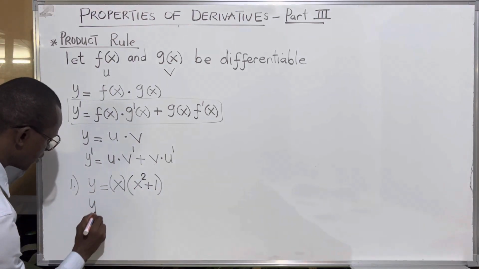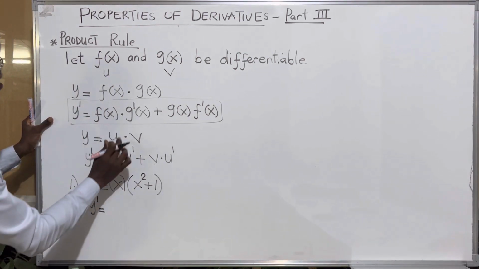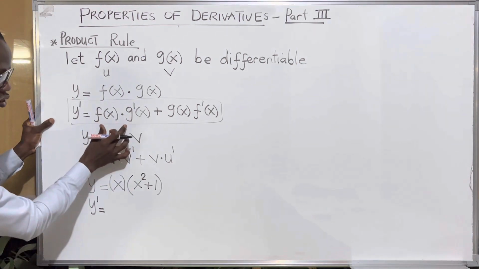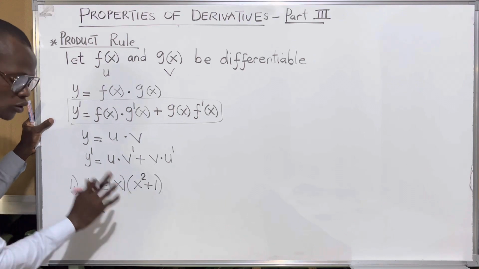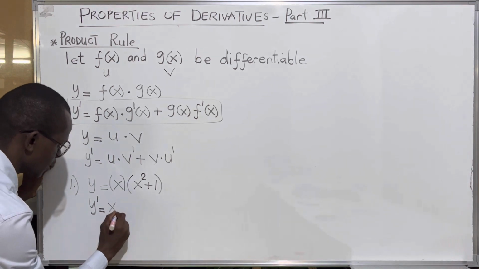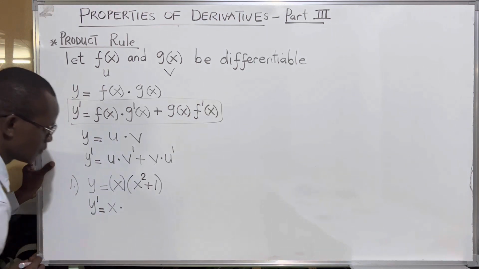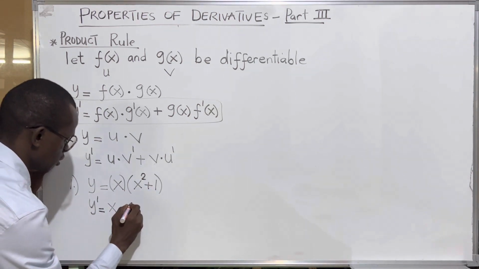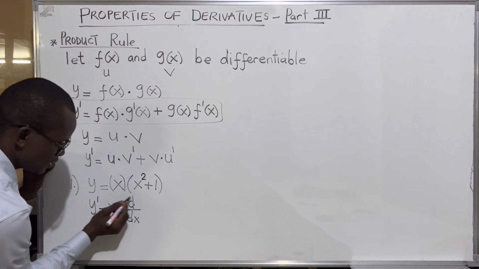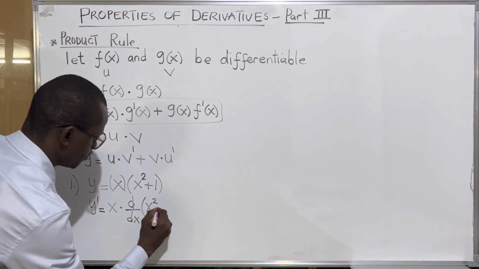So y prime now, remember the rule, we're following the rule. We say hold one function. In fact, it doesn't only have to be the first function. It could be the second function or the first function, but hold one and you differentiate the other. So we're holding this x, and we're differentiating x squared plus 1. So we say times, let's use the derivative notation, d by dx of x squared plus 1.